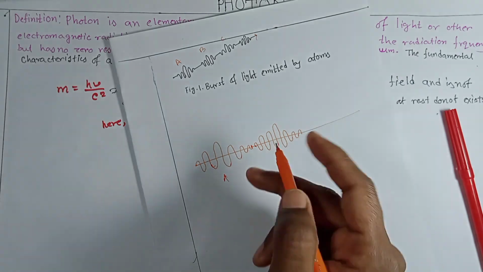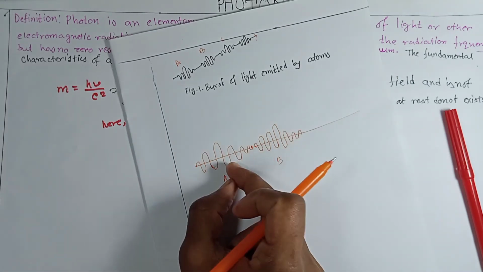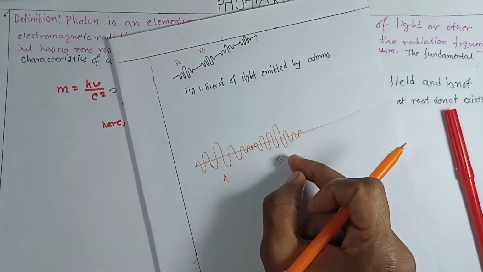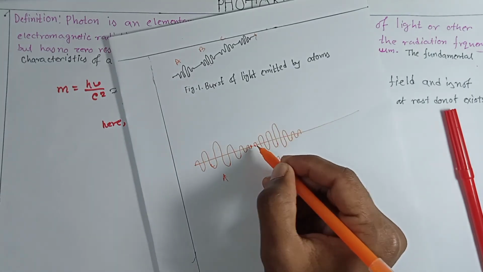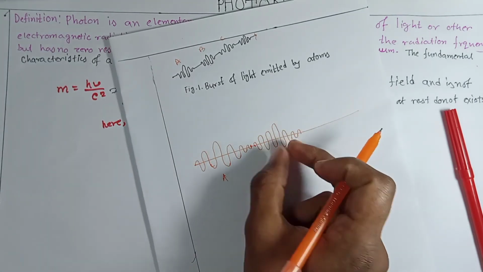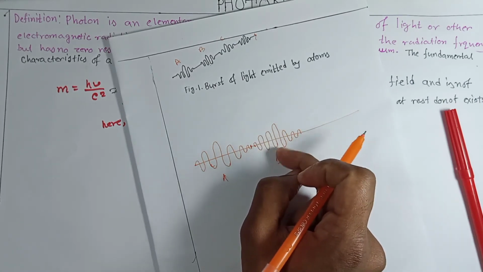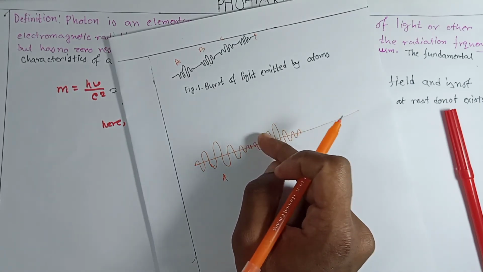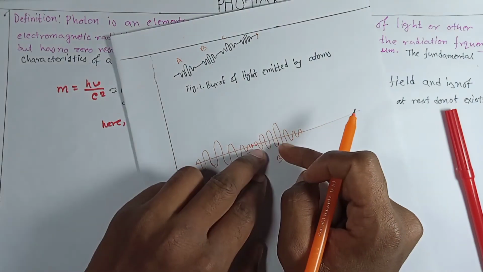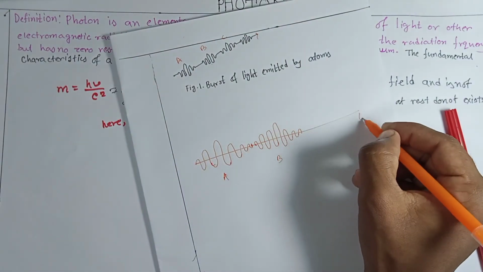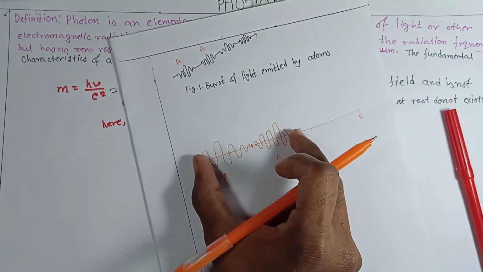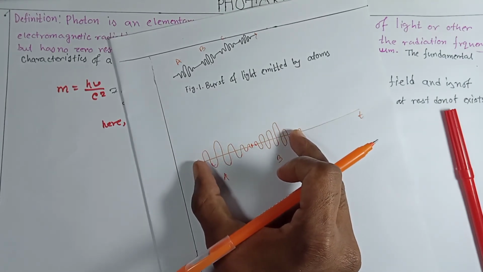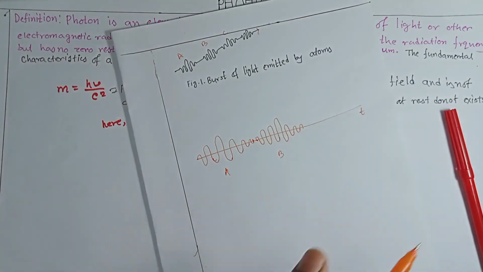Other atoms, when these atoms emit a photon, then after some time atom B emits a photon, and this combines to make a wave train. We see that.